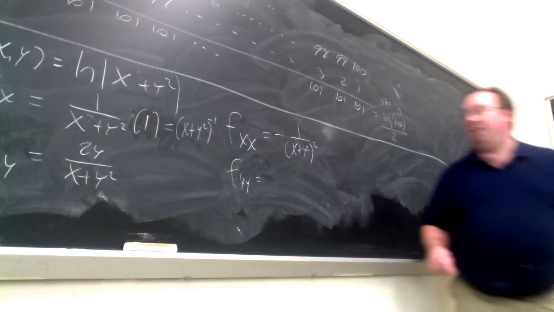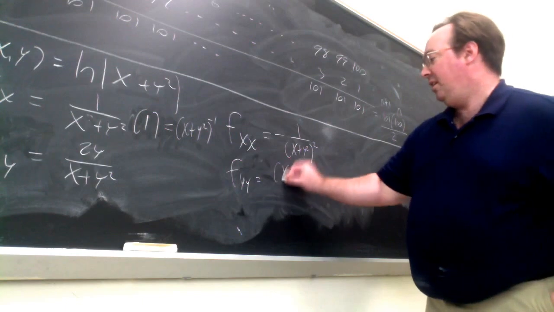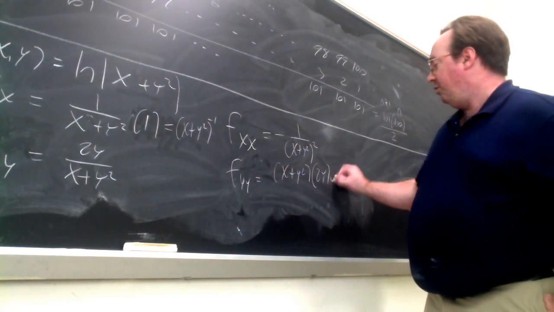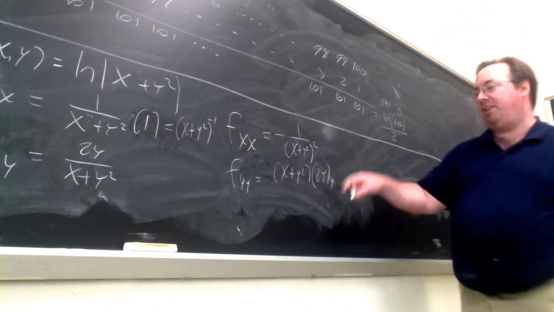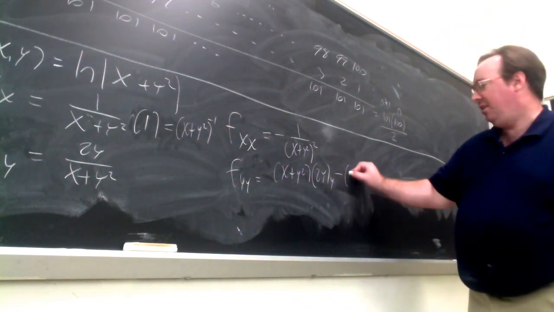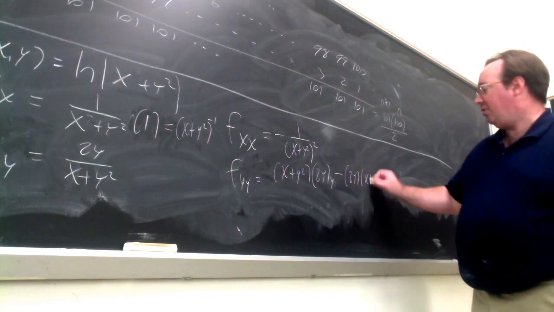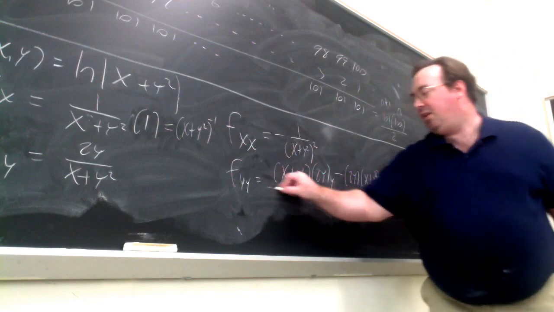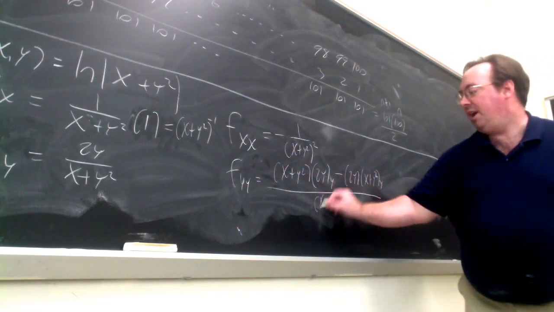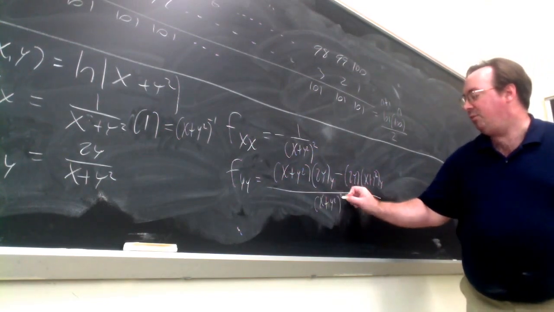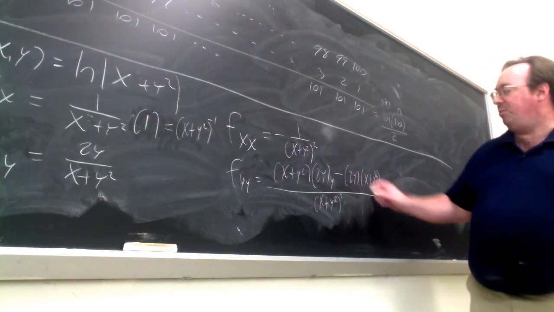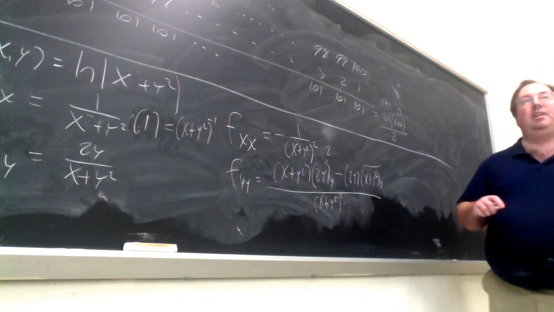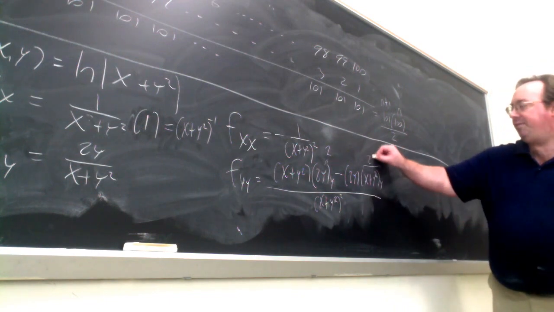So then you'd have x plus y squared times the derivative of 2y with respect to y. So that's, and then we'd have 2y times the derivative of x plus y squared with respect to y, all over x plus y squared, squared. And then these would have to be worked out. So for instance, this would be 2. And this would be what? 2y. Okay.